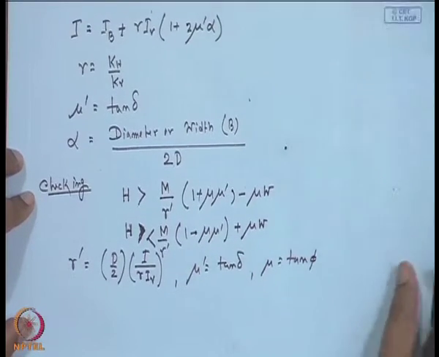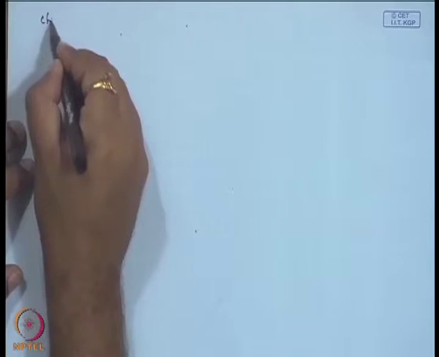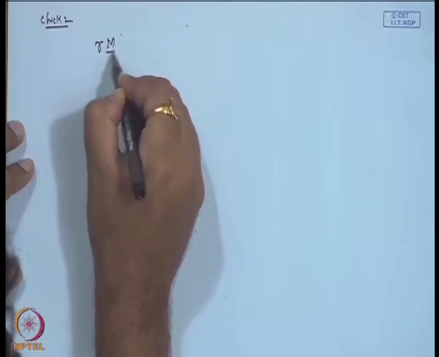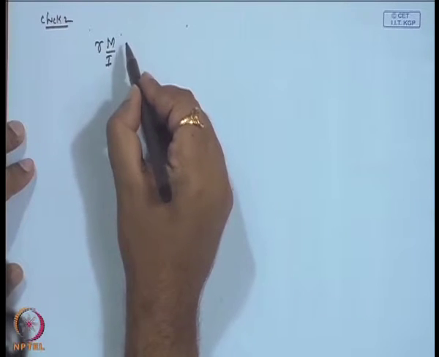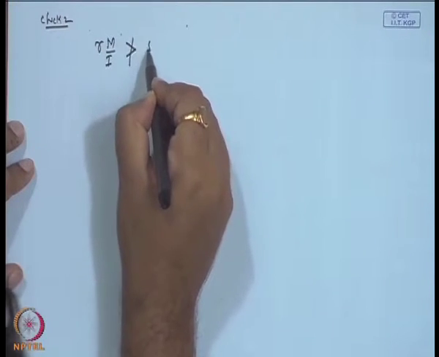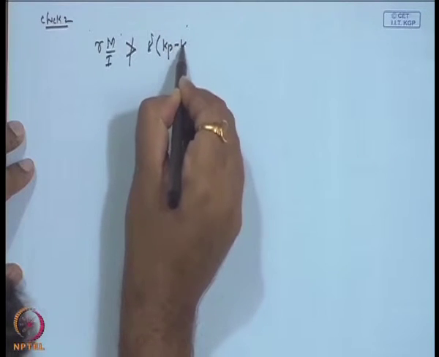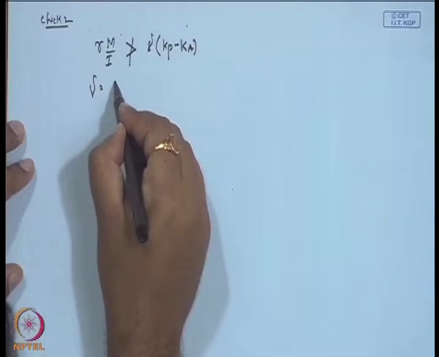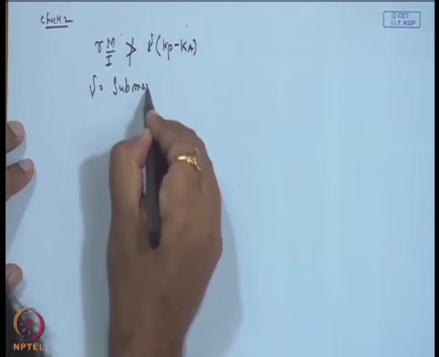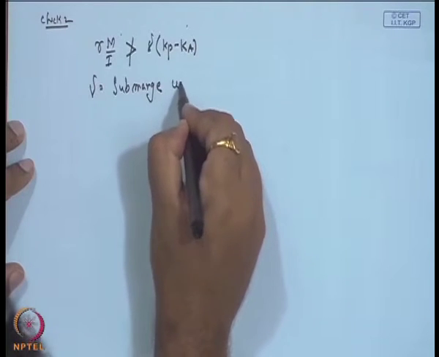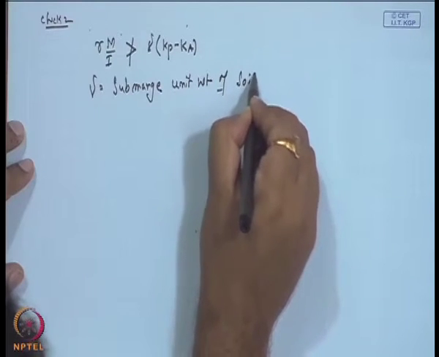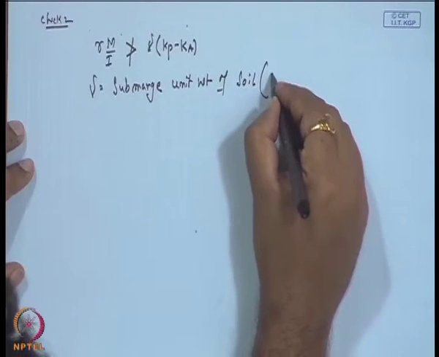So, the next check, check 2, is that R m by I should not be greater than gamma into (K p minus K a), where gamma is taken as the submerged unit weight of soil if it is below the water.